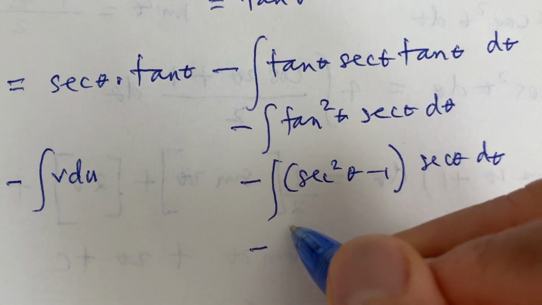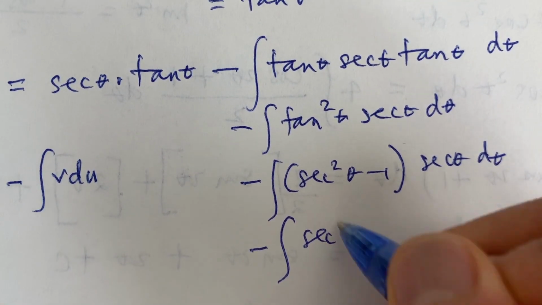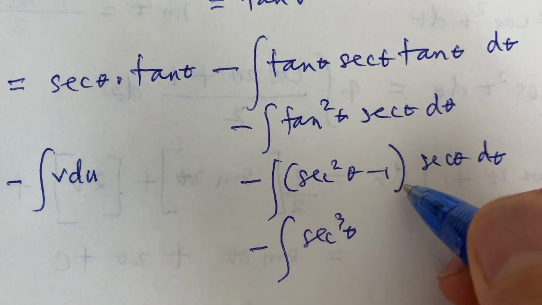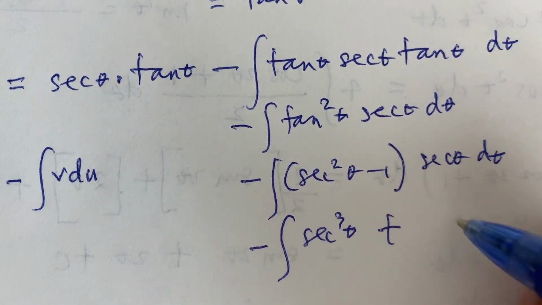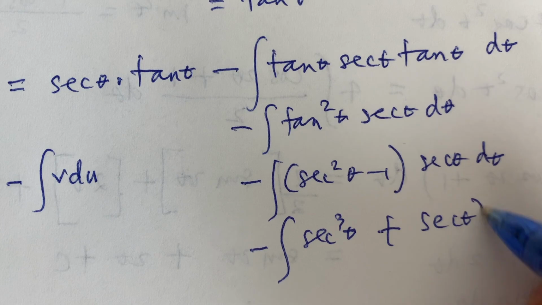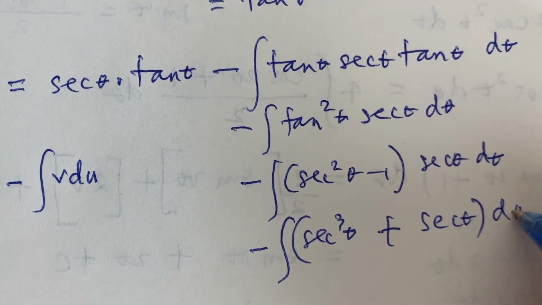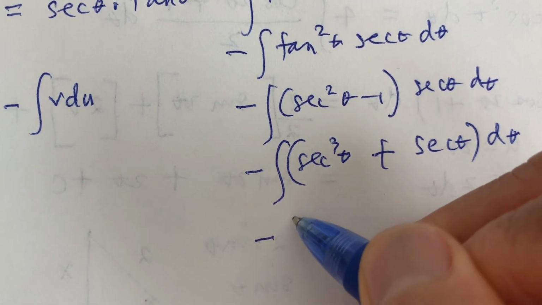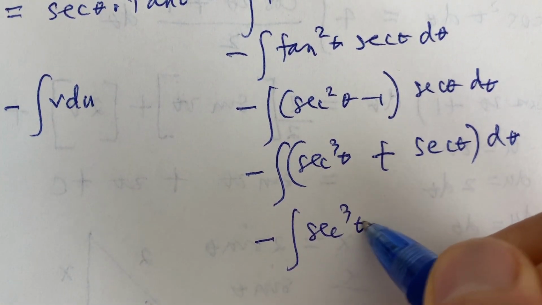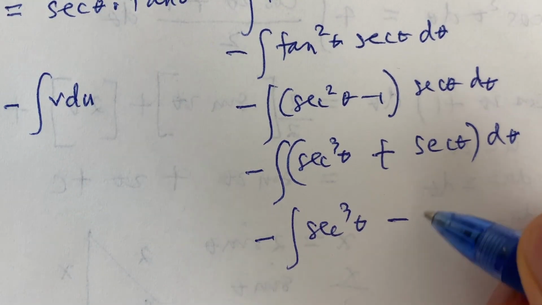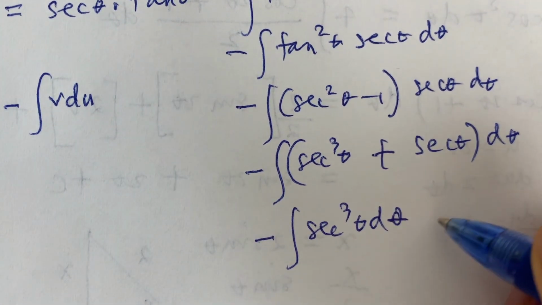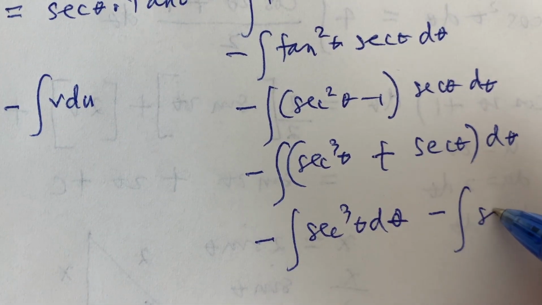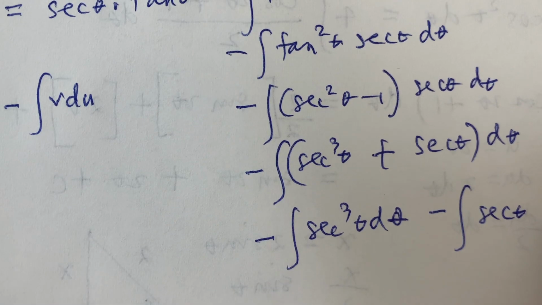And so we get secant cubed theta plus secant theta d theta, which we can rewrite as negative secant cubed theta minus d theta minus secant theta d theta.